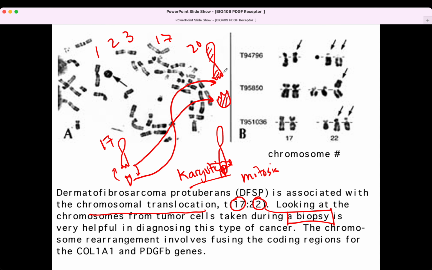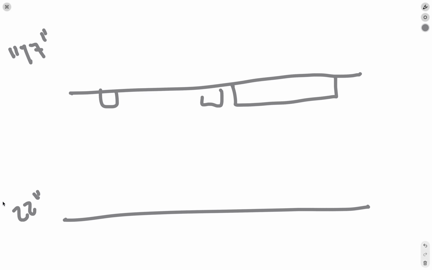Now, they didn't have any idea why this was a problem, but more recently, because of the physical nature of DNA, scientists have been able to analyze what happens at this chromosomal translocation. And what happens is something that we are going to be very familiar with when we draw it out, and that is 2 genes get damaged. And I don't know what chromosomes they're on, but let's say this is maybe the chromosome 17 gene, and this is a chromosome 22 gene.